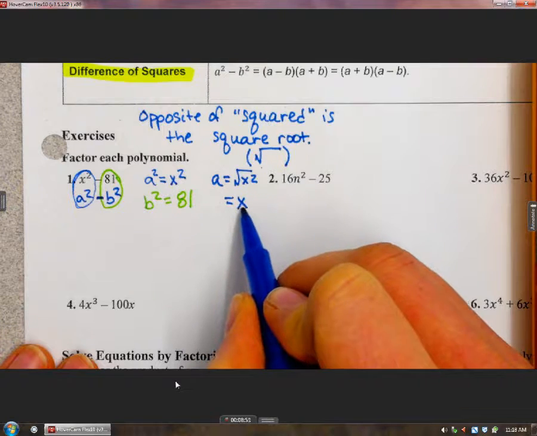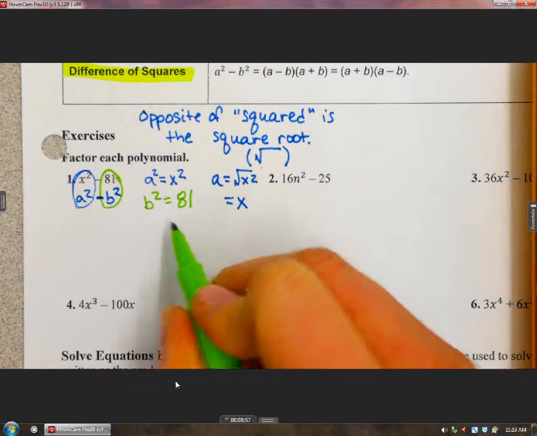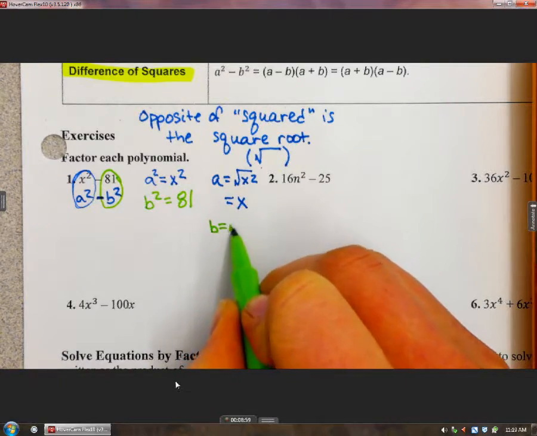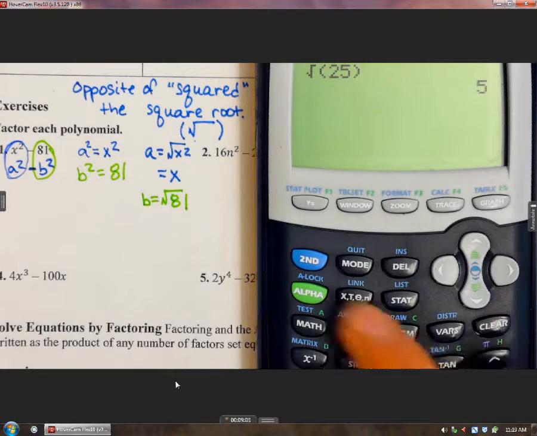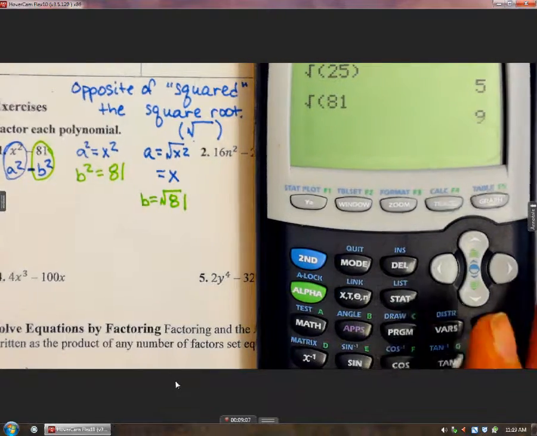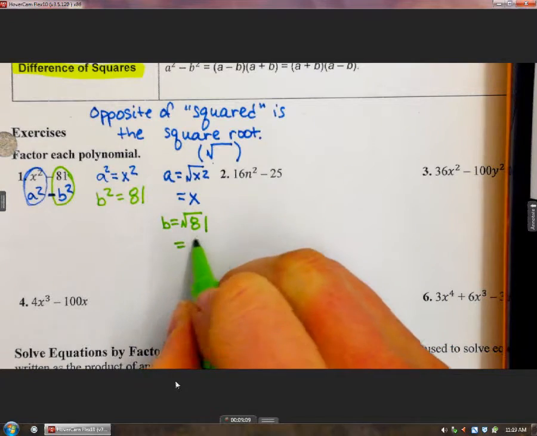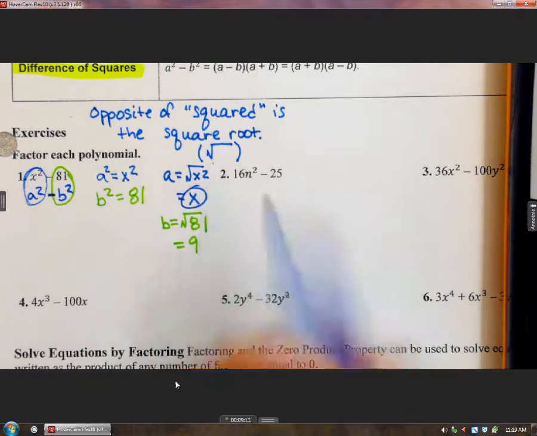So the a value would be x. The b value, b is the square root of 81. If I type that in my calculator, the square root of 81 is 9. So now I have two numbers. I have x and I have 9.